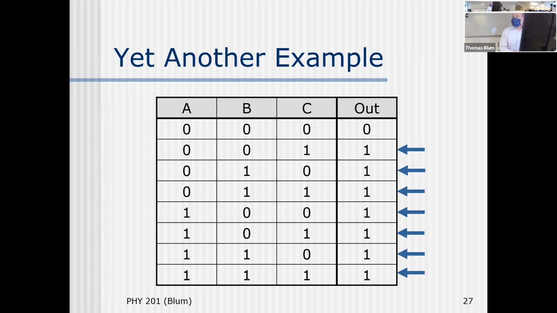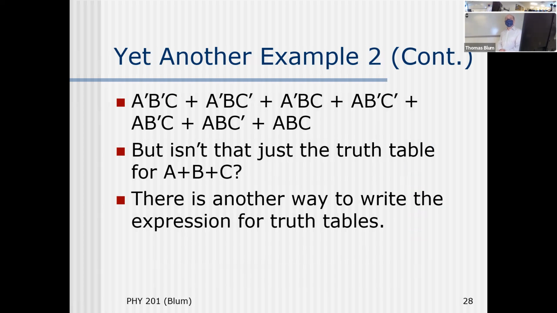So this one's a little tedious because 7 of them are 1s, but I can do it. I can write that expression. But we also know from our experience with OR gates that that's just an OR gate. So I could write this mess of 7 products: 1, 2, 3, 4, 5, 6, 7.